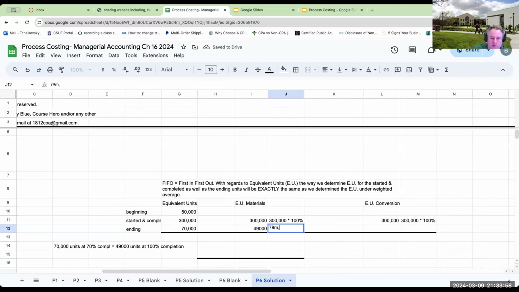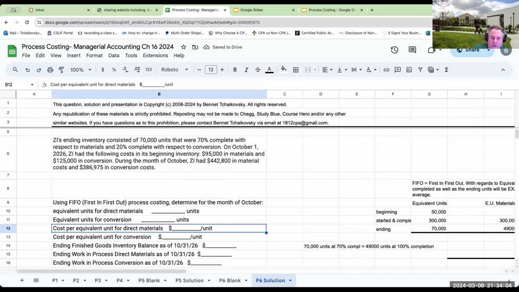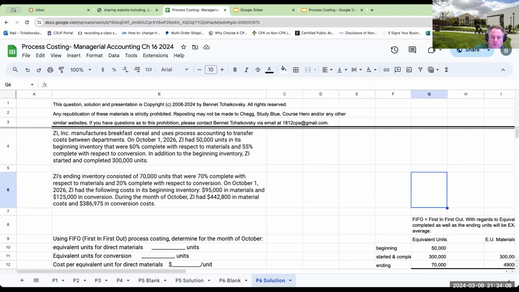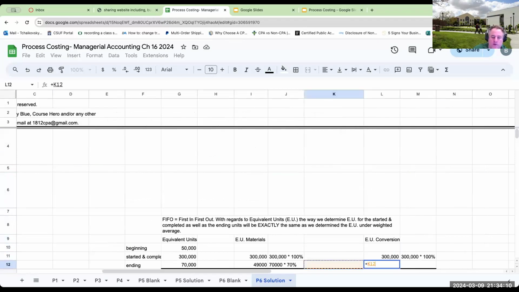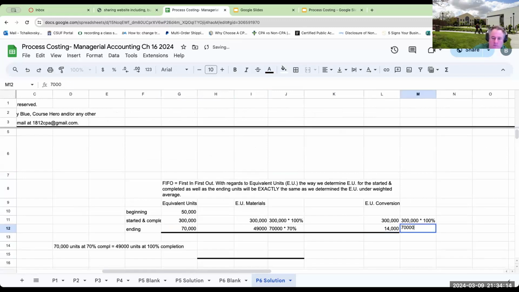So this is 70,000 times 70%. And for conversion, these were 20% complete, so this is 70,000 times 0.2, or 70,000 at 20% completion is the same as 14,000 at 100% completion.